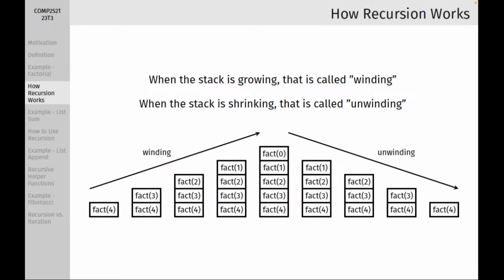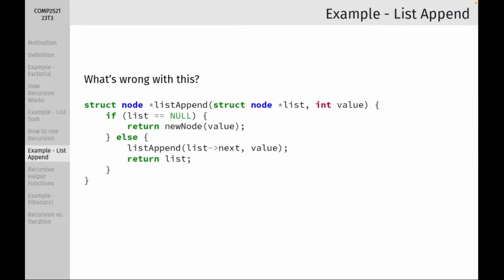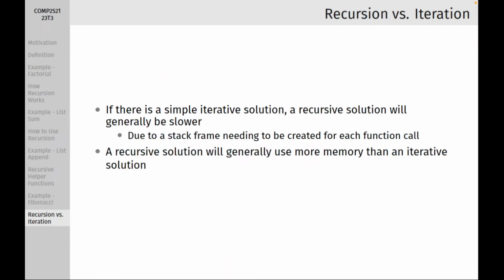The higher the factorial you want to find, the more memory it's going to use, right? Meanwhile, if you use a loop, right, all you need to do is just loop from 1 up to n and then multiply repeatedly, right? So it doesn't use nearly as much memory as the recursive solution.